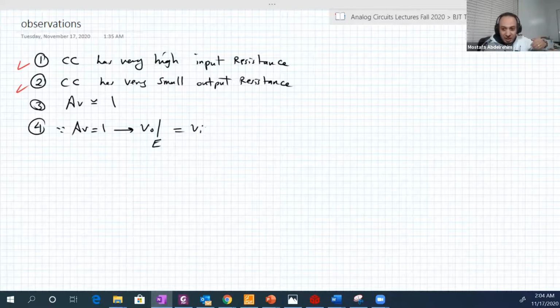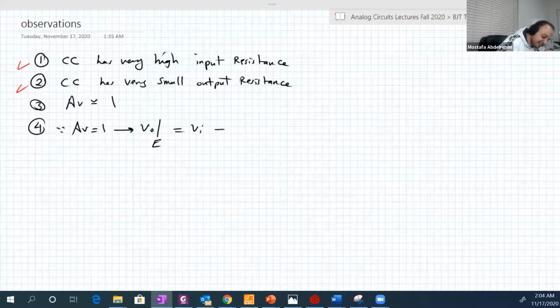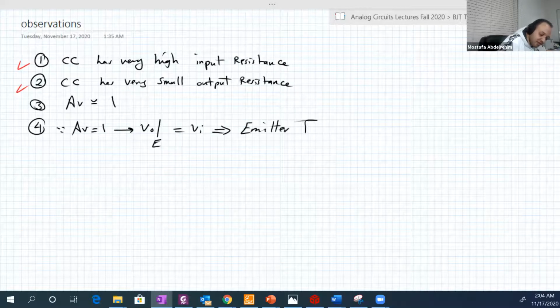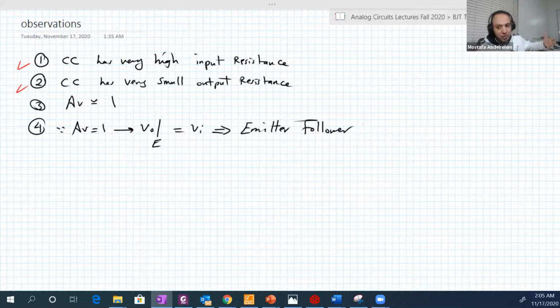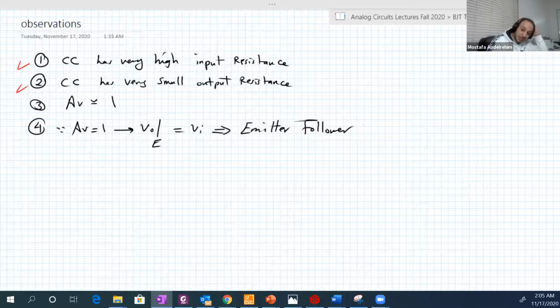That's why they call it emitter follower, because the emitter just follows the input voltage. And by the way, this is maybe the most famous naming for it.